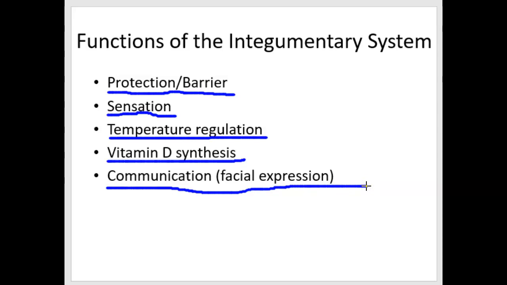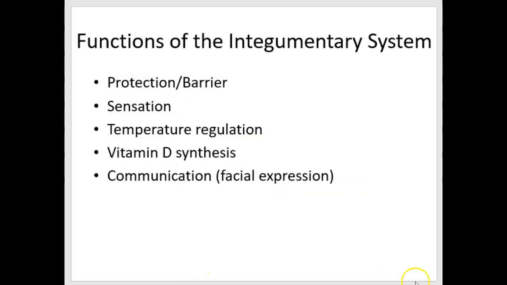So the muscles that make you smile or squint your eyes or wiggle your nose, or frown, I guess, are attached on your skin. And therefore, they say that the skin is involved with facial communication or facial expression, either one.